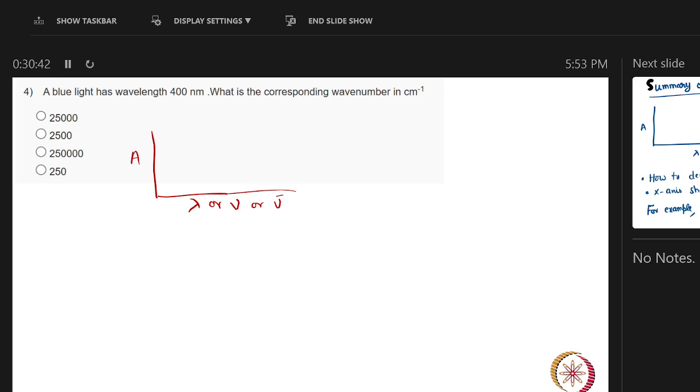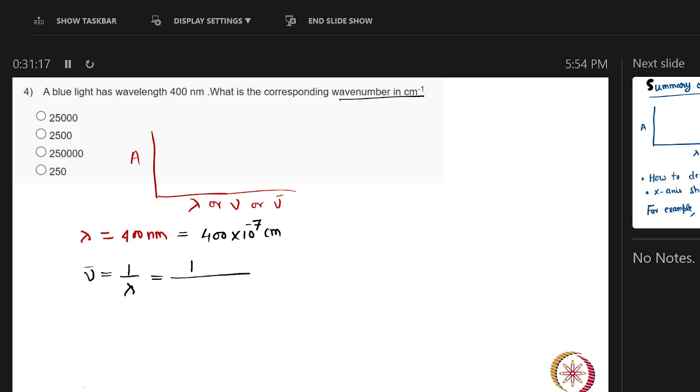We have been given a wavelength of 400 nanometer. How is this wavelength related to wave number? It's asking in centimeter, so first we will convert this into centimeter: 10 to the power minus 7 centimeter. And we know that wave number is inversely related to the wavelength.